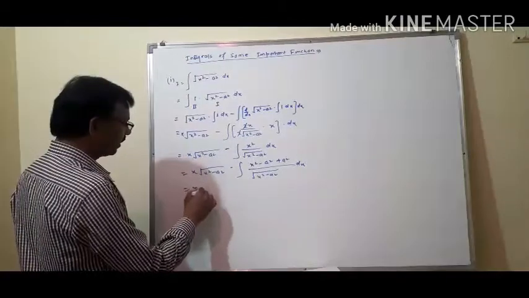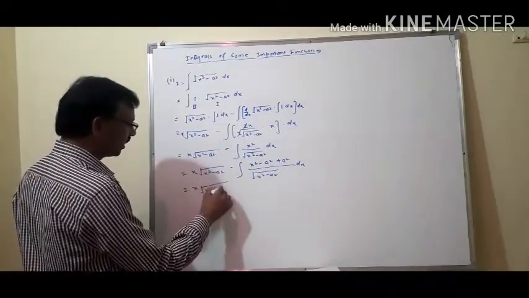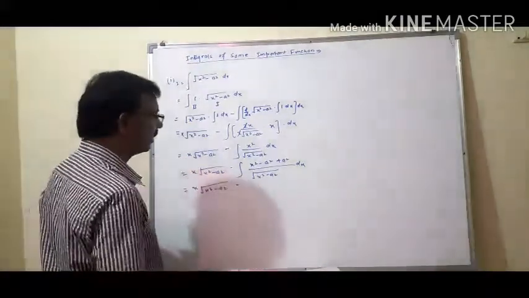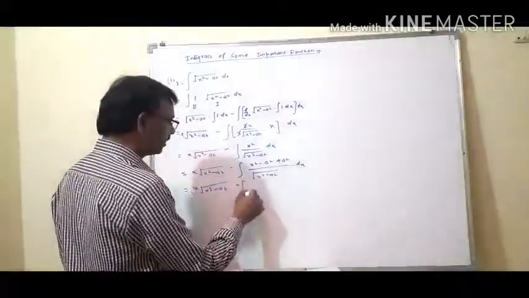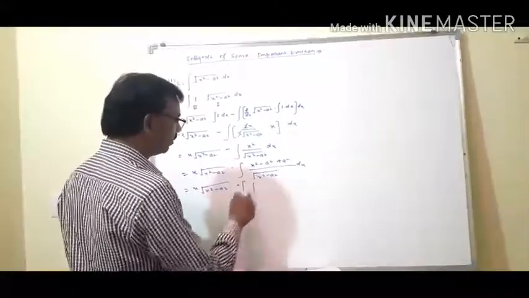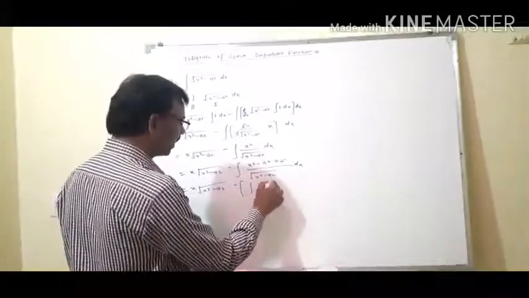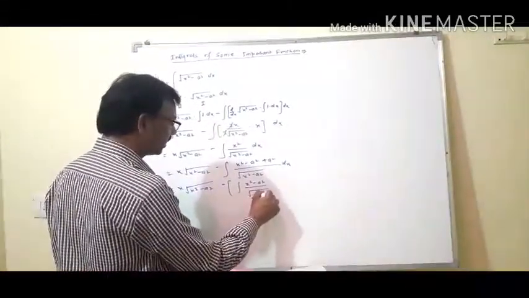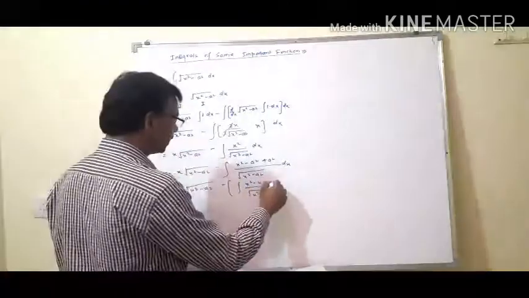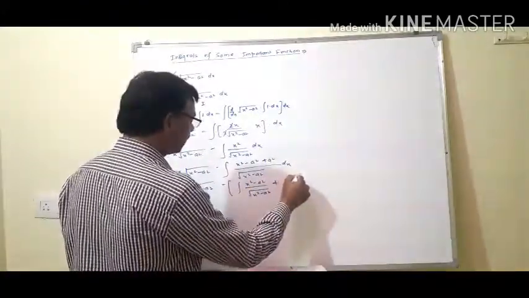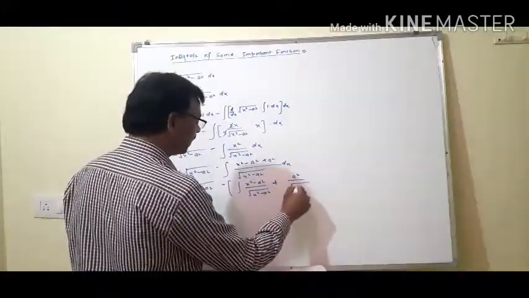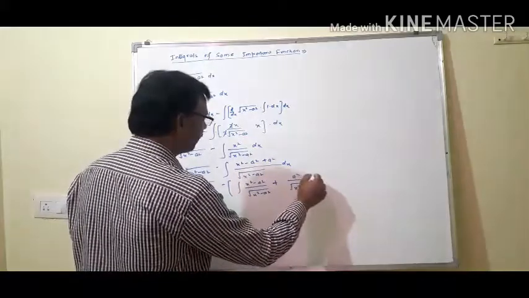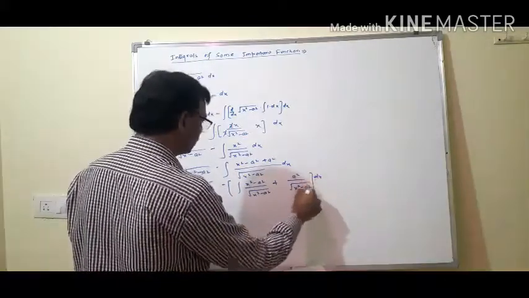Again, x root under x square minus a square minus, separate this, so this will be root under x square minus a square upon root under x square minus a square plus a square whole upon root under x square minus a square into whole dx.